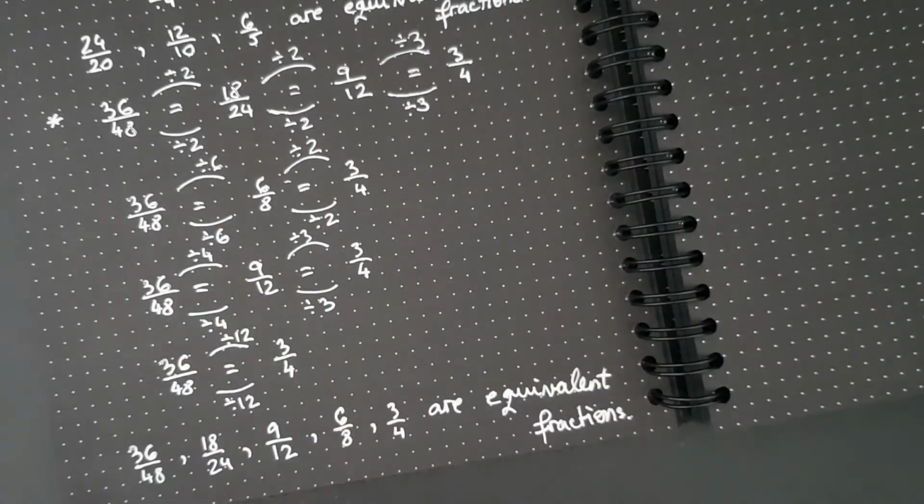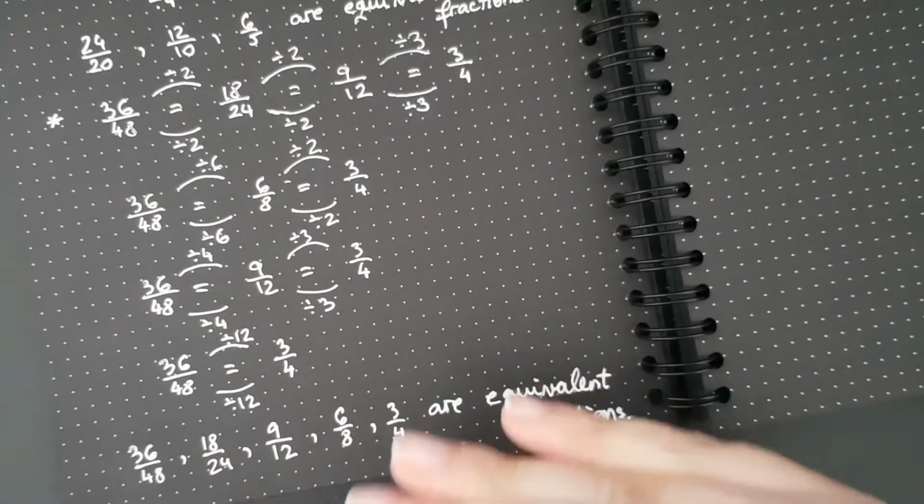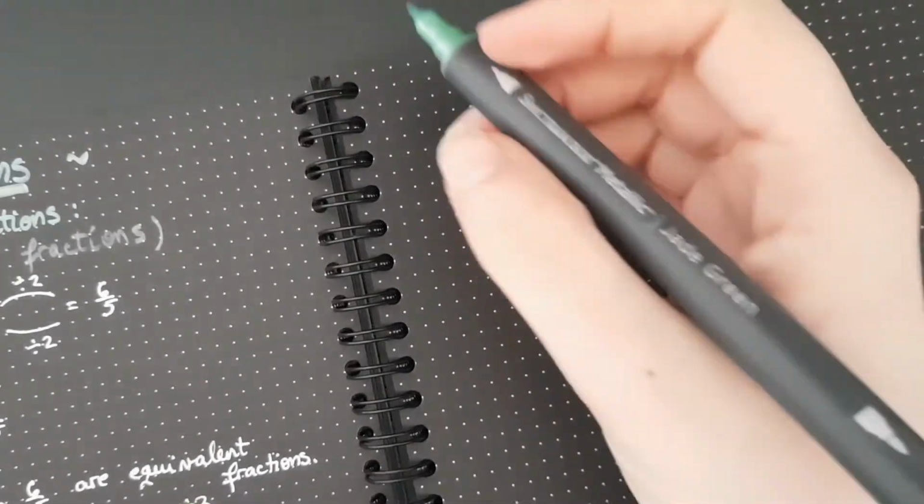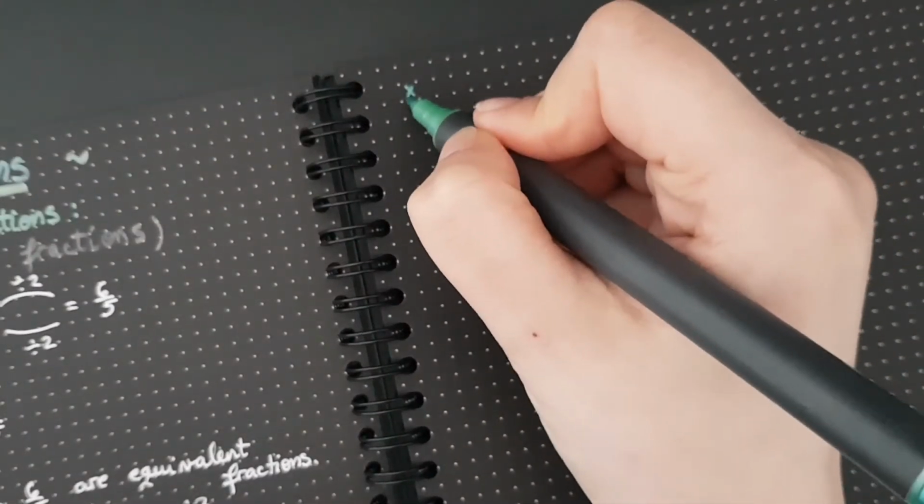But yeah, another question I had from a couple of people about fractions in general was mixed numbers. So I'm going to do a bit about mixed numbers on the side here.